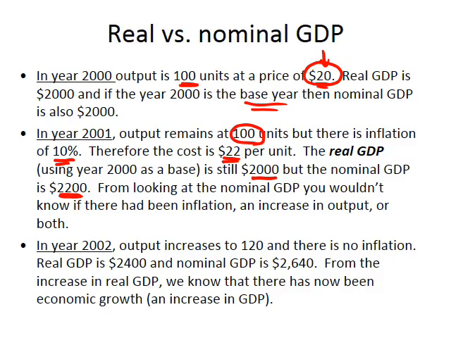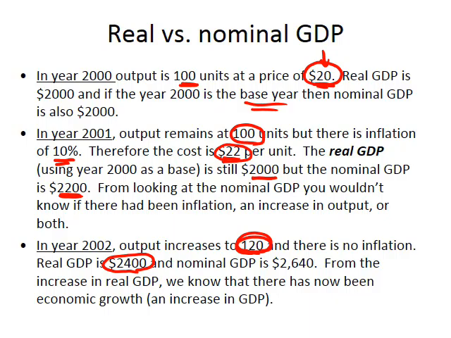So let's look at one more year, 2002. Output now increases to 120, and there's no inflation. So real GDP is going to be the 120 times the original price in the base year of $20, being 2,400. Nominal GDP is going to be the 120, now at the higher price of $22, and the nominal GDP is 2,640.